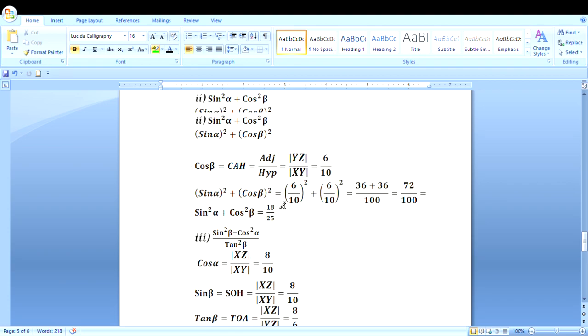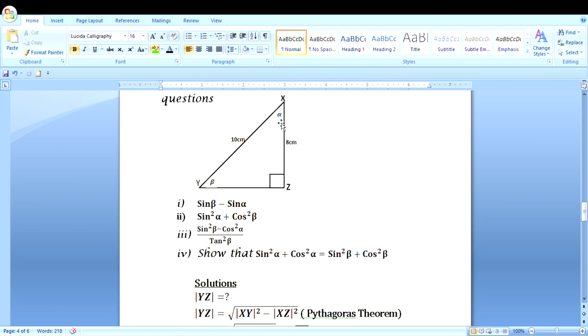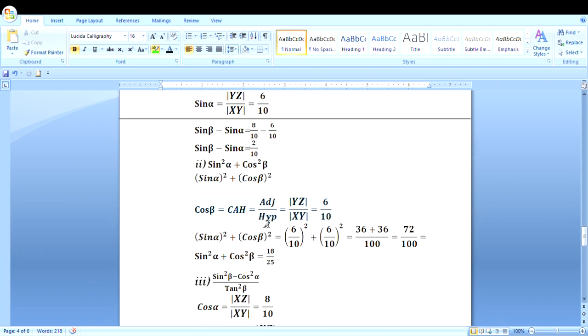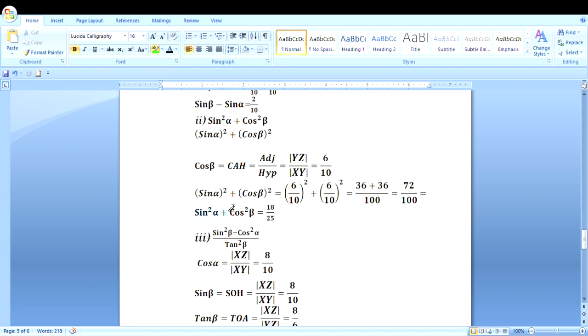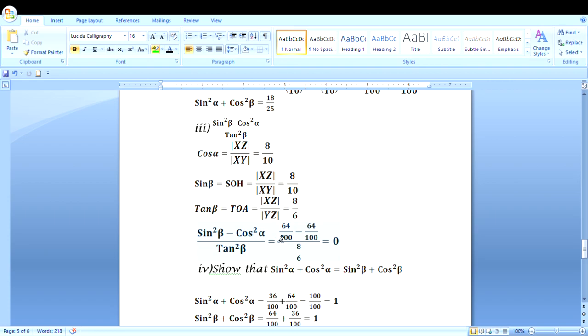Cos alpha, let's look at it. Cos alpha here is what? Is the adjacent, 8 over what? Hypotenuse, 8 over 10. So that is what we obtain here. You can see it clearly here, which is 8 over 10.